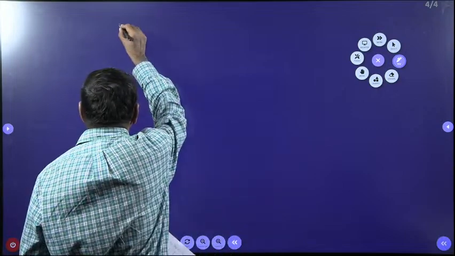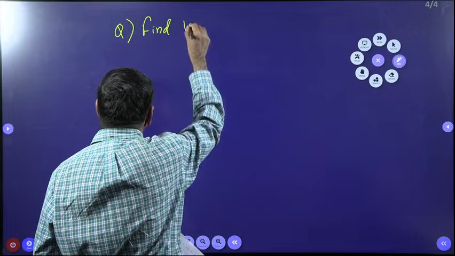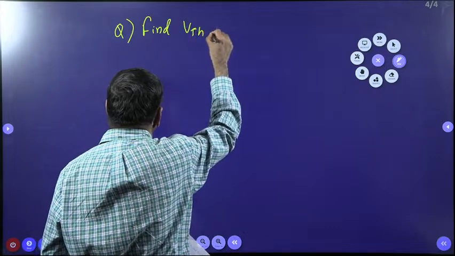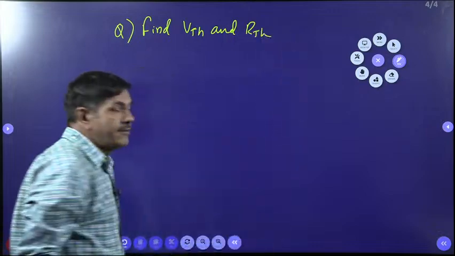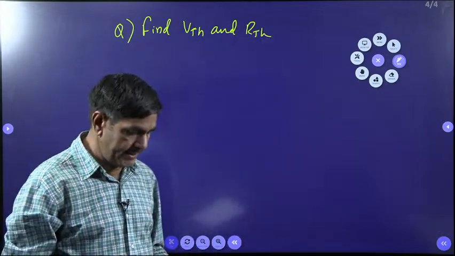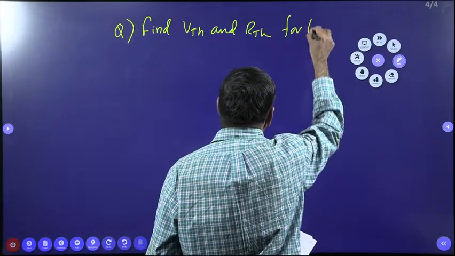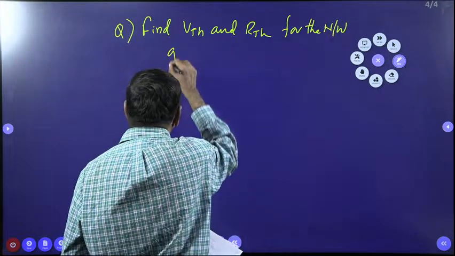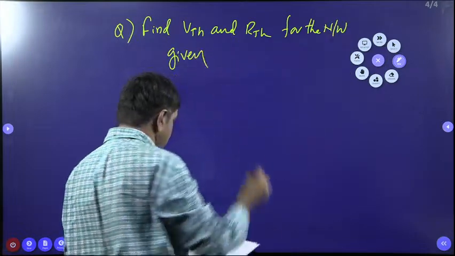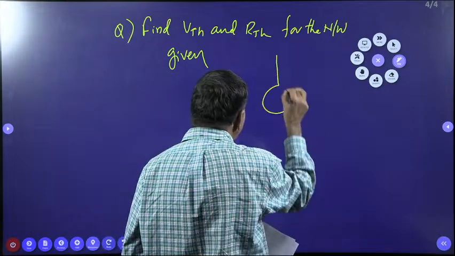Find VTH and RTH for the network given. How that network is given, you please watch. Here connected with 40 volts.